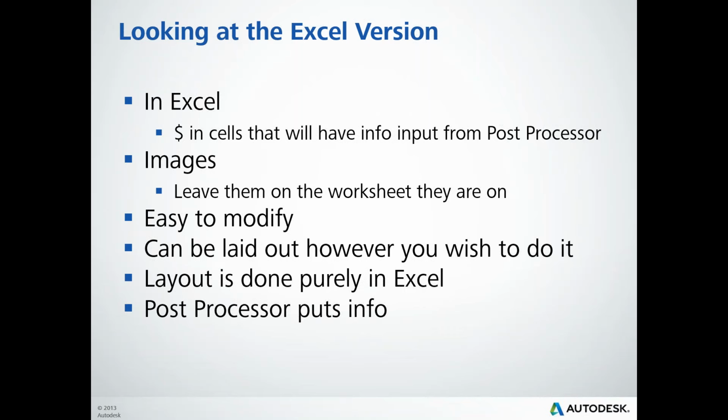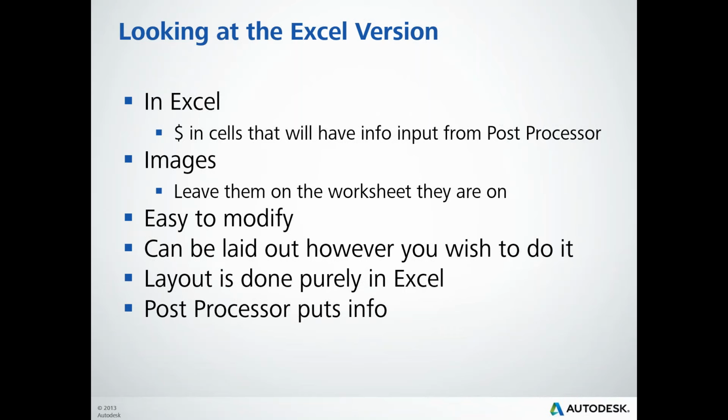Images, there's a couple images already kind of built into the setup. I mean, they work just fine. One's the Autodesk CAM logo, and then one's the actual image of the part. One thing I found is you can move the Autodesk CAM logo around, maybe to different worksheets in the actual setup sheet.